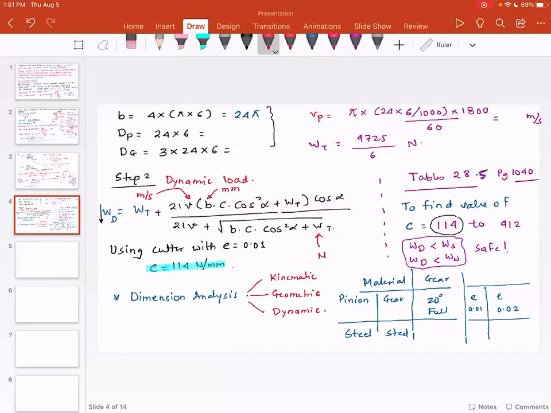Any questions? You will see dimensional analysis playing a very important role when you design turbines, pumps, and internal combustion engines for ships, which are super large, or 2-stroke diesel engines for ships. I would encourage you to take a look at those.